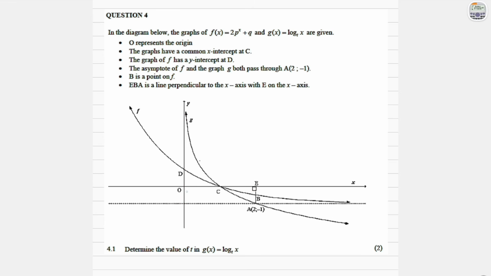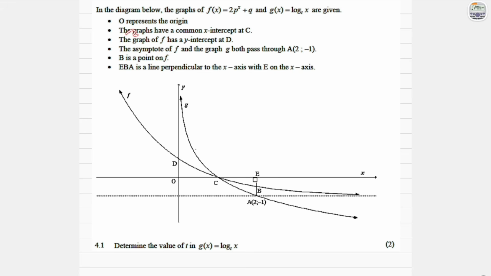Okay, and these are given. They tell us that O represents the origin. And then they tell us that the graphs have a common x-intercept at C. The graph of f has a y-intercept at D. The asymptote of f and the graph of g both pass through A, which is 2 and -1.